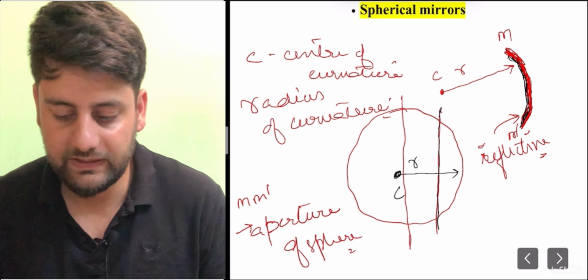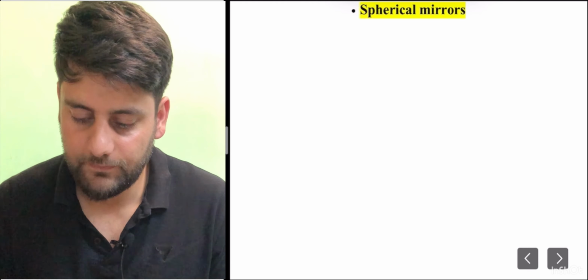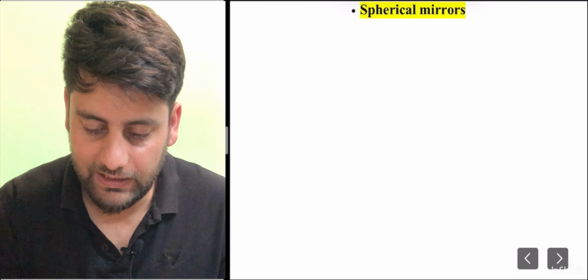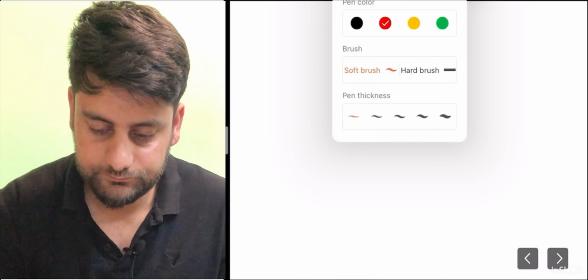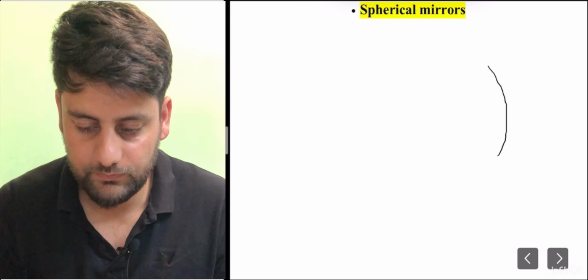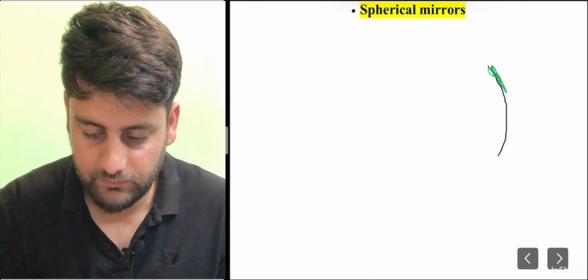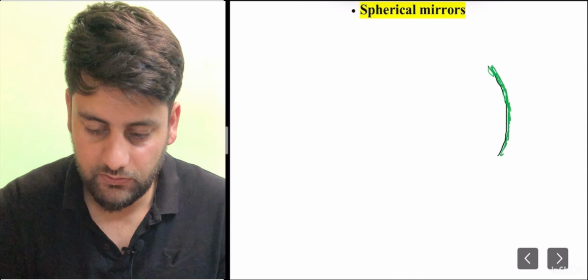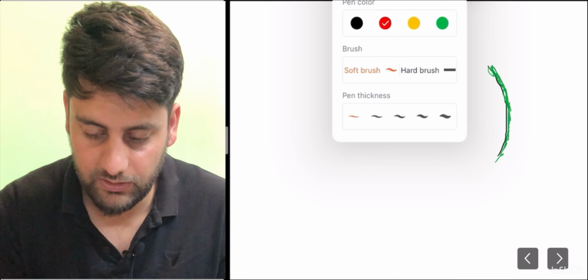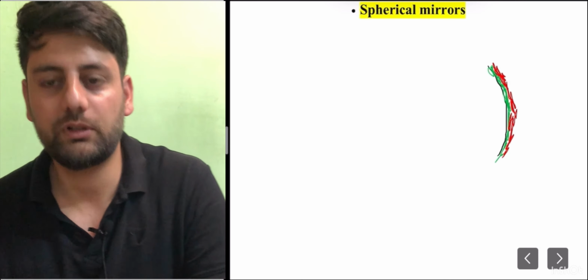Now some other things which we have to look after. So these are the few simple things here. Let's see what else we have here. So the type of mirror I had was a mirror which I painted from outside. I painted with silver from outside, and then I coated it with red paint so that it is saved from scratches and my silver coating doesn't go away, otherwise it will not work as a mirror anymore.